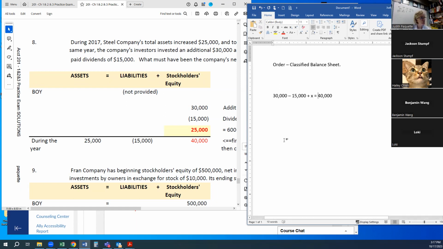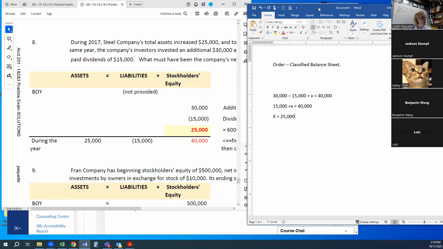So then we're saying 15,000 plus X equals 40,000. Still don't see a 60,000 here. And then X equals 25,000.